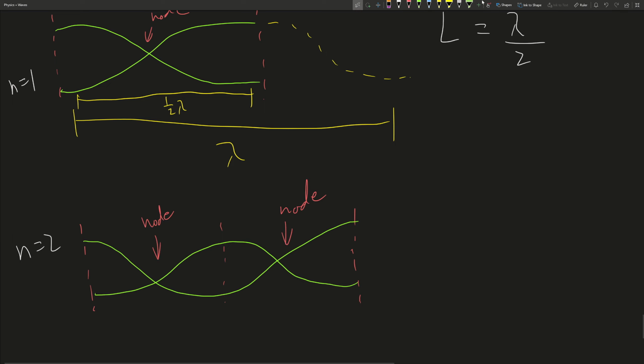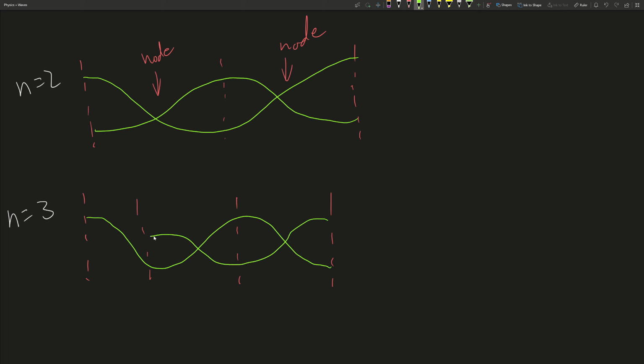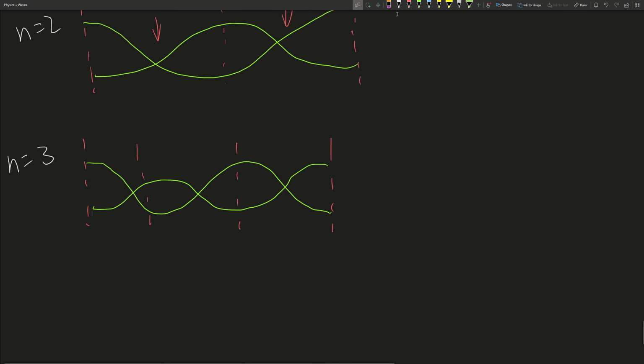And then if you have n equals 3, it'll be the same, but then you have 2 antinodes in the middle now. And it'll look something like that. Sorry, it's not even, but that's the general shape of it. And then you can go on for n as large as you want, as long as it's an integer.